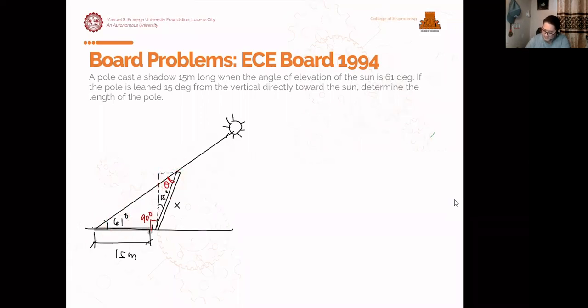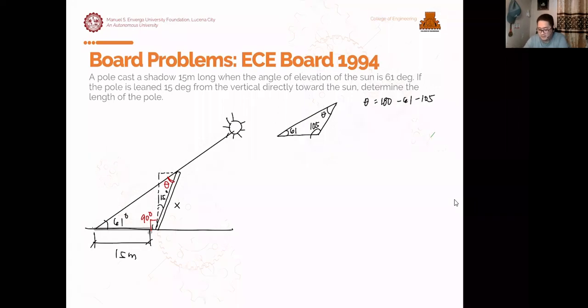Ang total ng isang triangle is again 180, no? So, ito yung figure natin ngayon. Okay, so 61 to. And then ito is 105. Then ditong theta natin will be equals to 180 minus 61 minus 105.